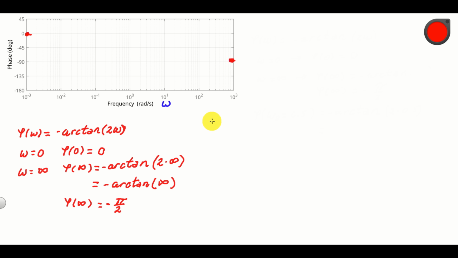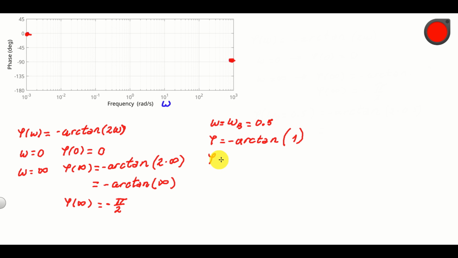The third point is obviously the break frequency. Why is that? Well, when omega is equal to our break frequency, that is equal to 0.5, the phase becomes minus arctan of 2 multiplying 0.5, which is 1, right?